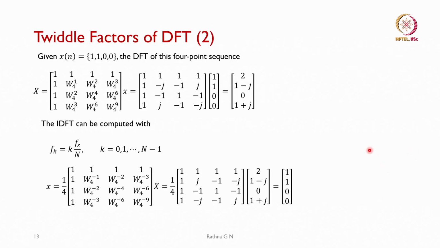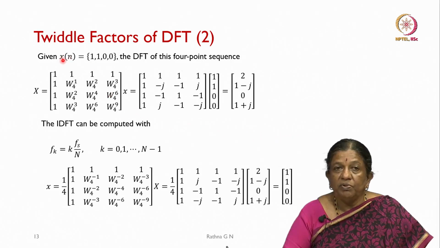So, just to show how twiddle factors are represented with W n weights, we will assume given x of n is equal to 1 1 0 0. I think it should be striking to your mind that here we have assumed n is equal to 4. So, we will see what the 4-point DFT sequence is going to be. We represent with all 4 ones in the first row and then 4 ones in the column, then W41, W42, W43 and W42, W44 and W46, so on in the last line.